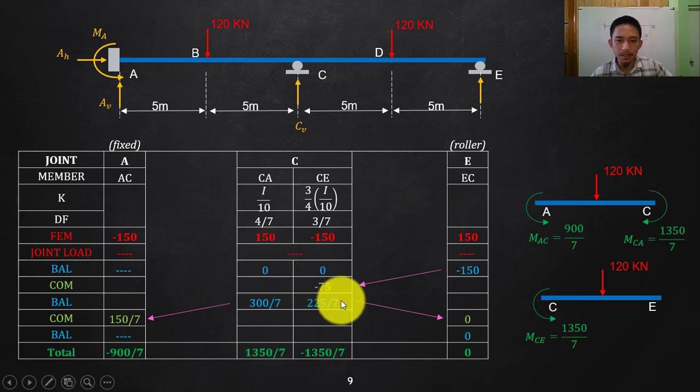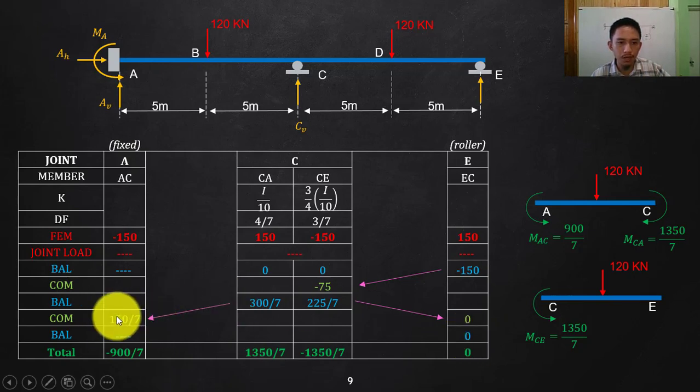Since the other end of that CE is simple support, nothing will be carried there. So still that is 0. In this one, since that's a fixed, we'll be carrying over on the other side one half of that, so 150 over 7.